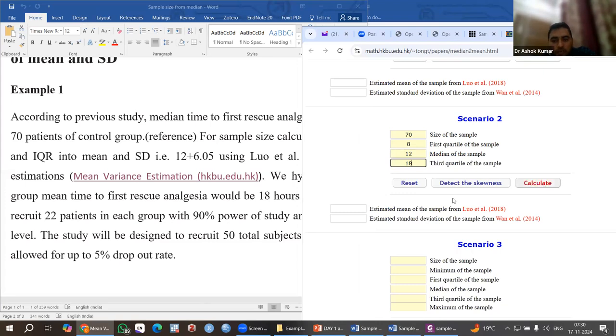Then calculate. Estimated mean is from Luo et al., estimated standard deviation from Wan et al. If you want to detect the skewness, you can, but I'll omit it for this calculation.